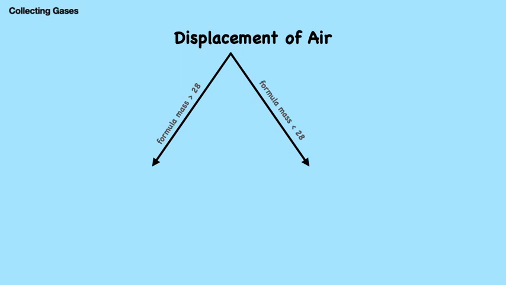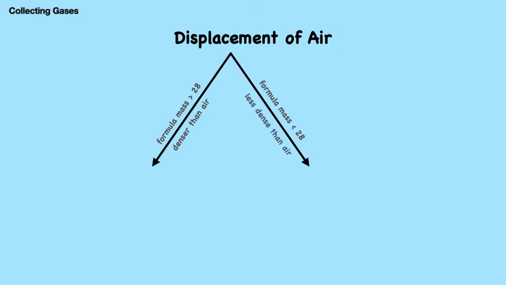So, gases with a formula mass of more than 28 are denser than air because most of the air is nitrogen and the formula mass of nitrogen is 28. So gases with a formula mass bigger than 28, bigger than nitrogen, are denser than nitrogen. So we'll treat them as denser than air.